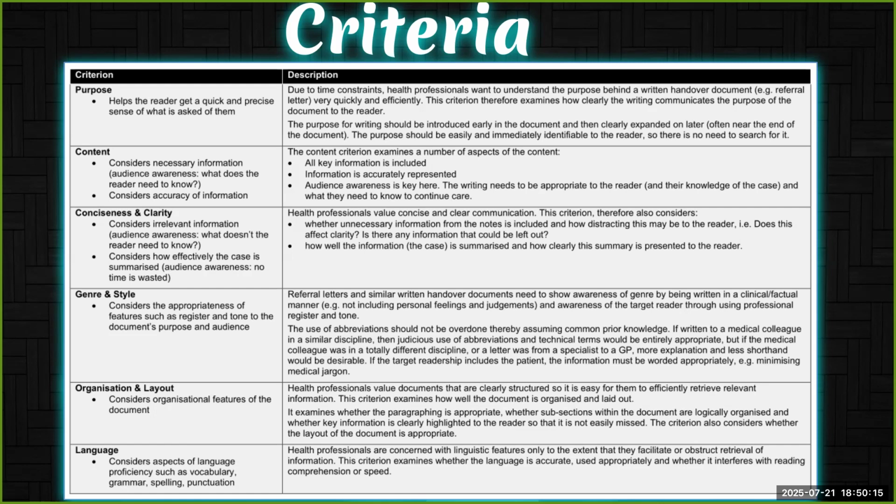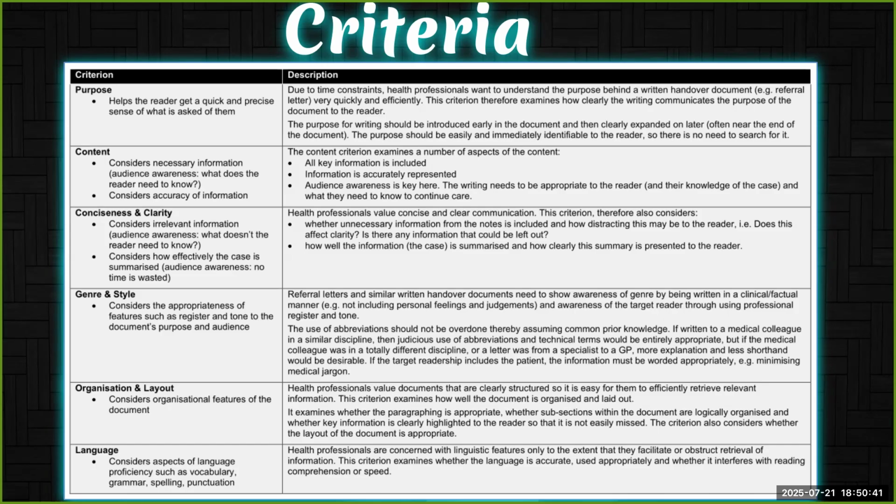The third point is conciseness and clarity. So here we're looking at the extra pieces of information in the case notes, the information that shouldn't be mentioned when you address a specific recipient. So keeping the recipient in mind, what shouldn't be mentioned, and how well did you summarize the points that you've written.